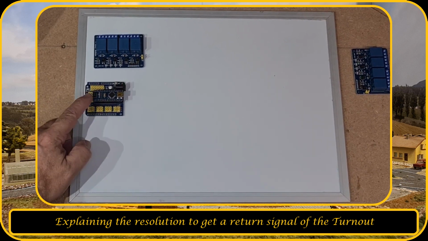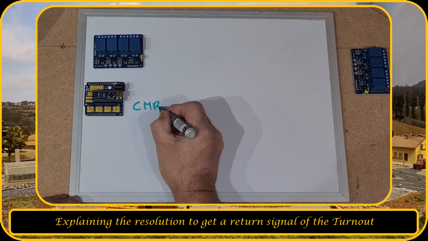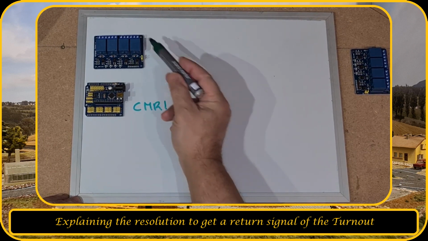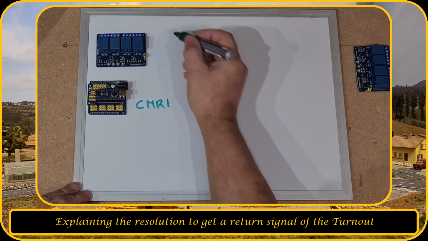So this is the CMRI node, and I'm using the relays to control the snap switch on a turnout.